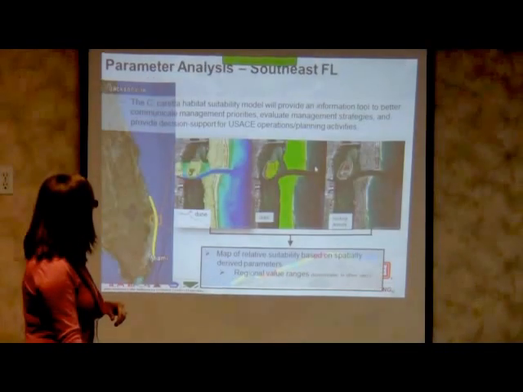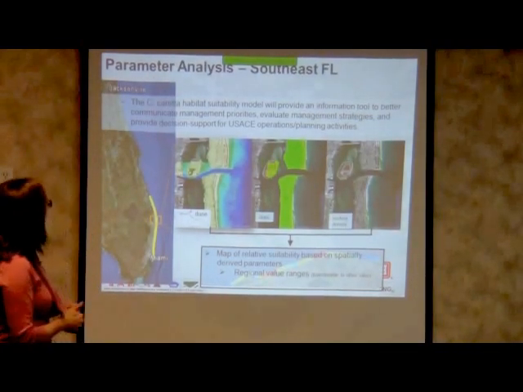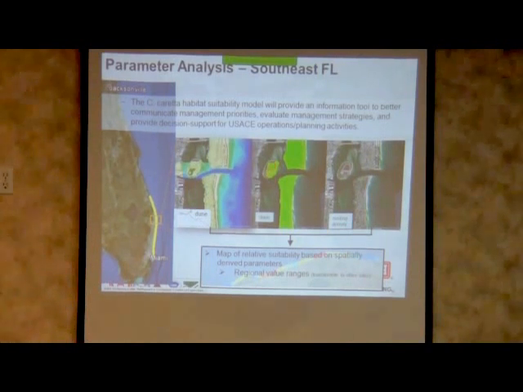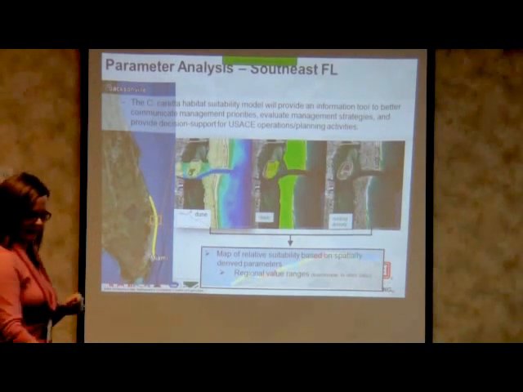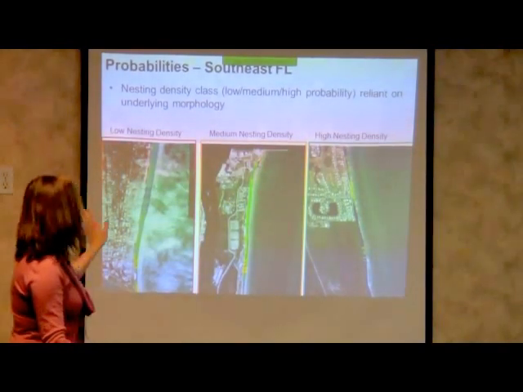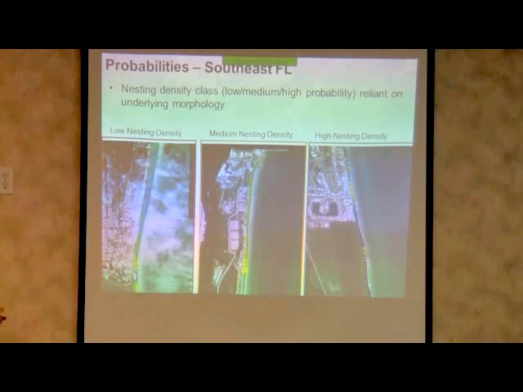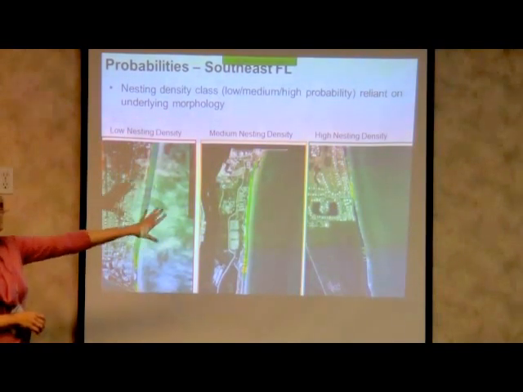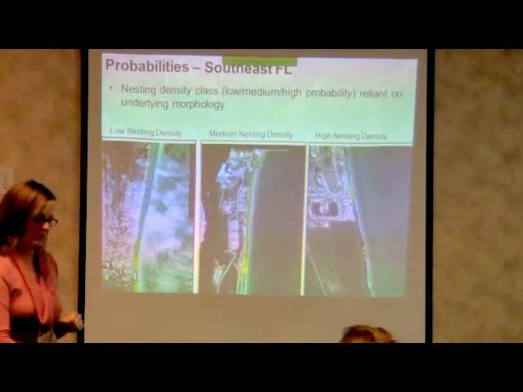Using those, we're able to develop a model that shows what areas are more suitable for turtle nesting than others. And this is the final graphic that shows the probabilities for low, medium, and high nesting density for our turtles.